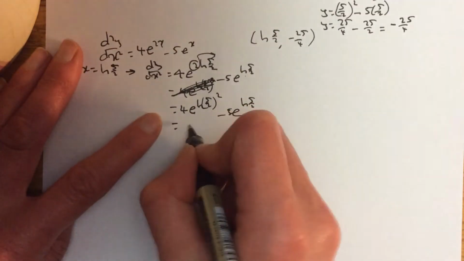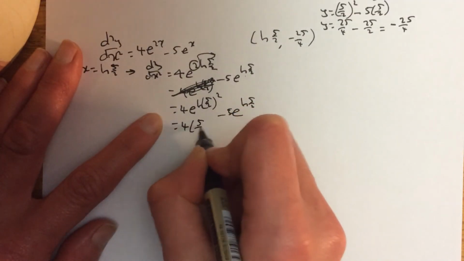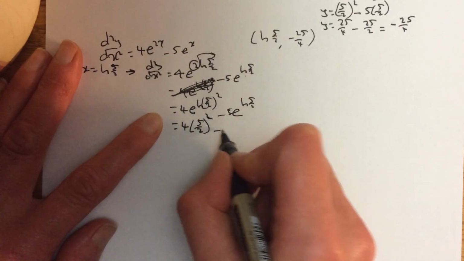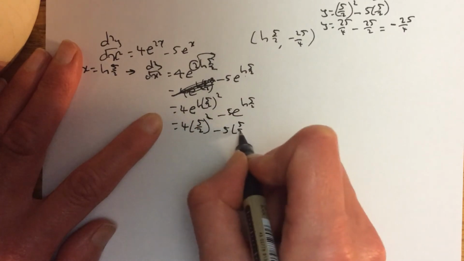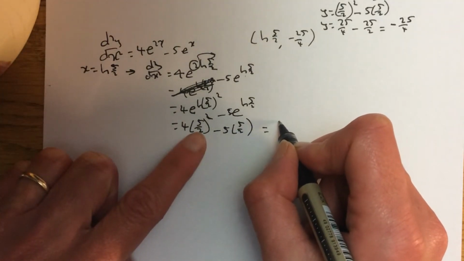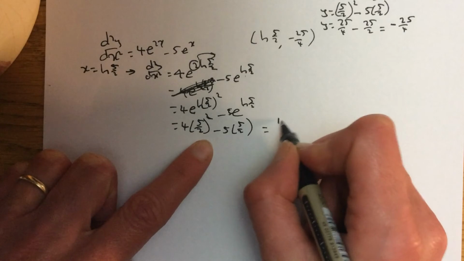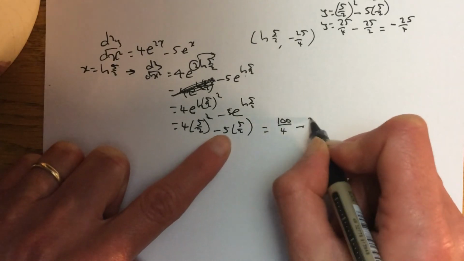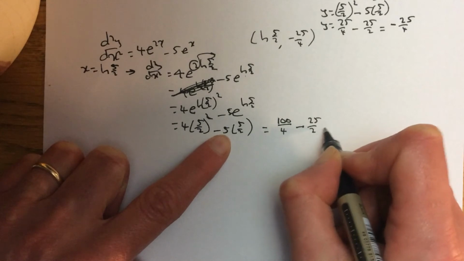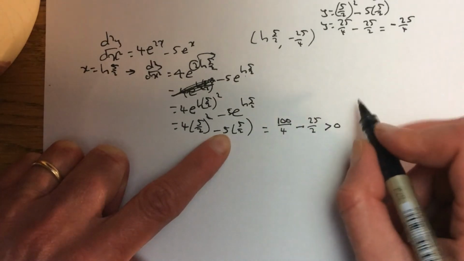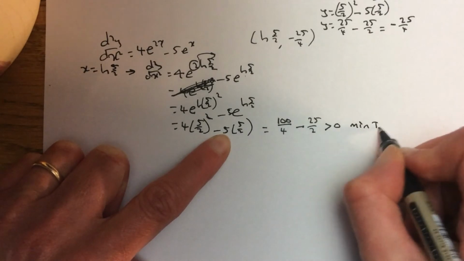The e and the logs now cancel, giving you 4 times (5 over 2) squared minus 5 times 5 over 2. So that works out to be 4 times 25 over 4, that's 100 over 4, minus 25 over 2. And if you work that out, you get a positive number. So it's a minimum turning point.